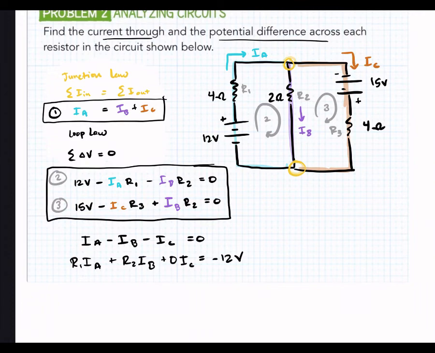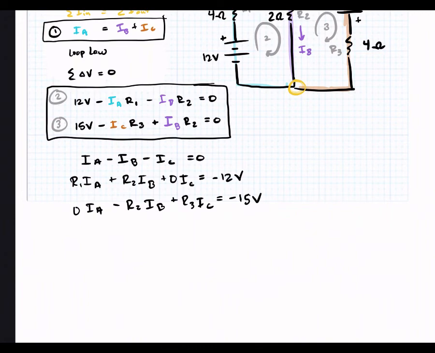Then you end up with 0 IA minus R2 IB plus R3 IC is going to be equal to negative 15 volts. Okay, so we can make this into a matrix.